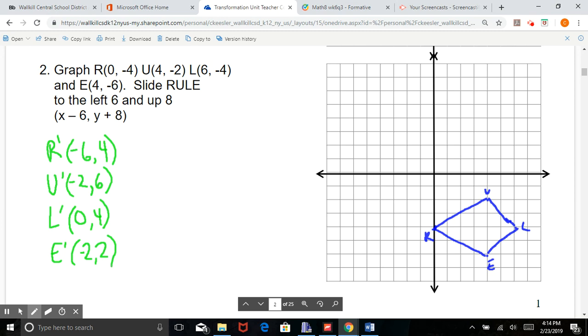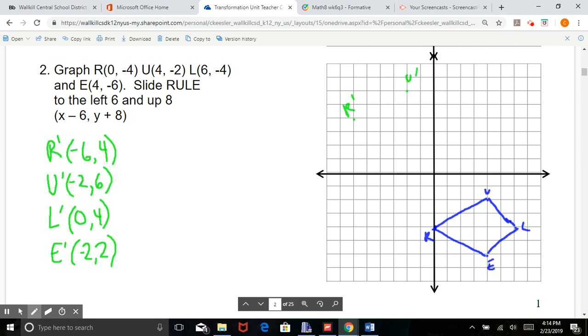We're going to go ahead and graph those, and again, we could do it just by counting. So starting with R, we're going to go to the left 6 and up 8, so we count over 1, 2, 3, 4, 5, 6, then up 8, 1, 2, 3, 4, 5, 6, 7, 8, which is the coordinate we found before, and we label it R prime. Next one, (-2, 6). So we go again, starting at U, left 6 and up 8. 1, 2, 3, 4, 5, 6, and up 8. 1, 2, 3, 4, 5, 6, 7, 8, which gives us the point (-2, 6) that we found earlier.